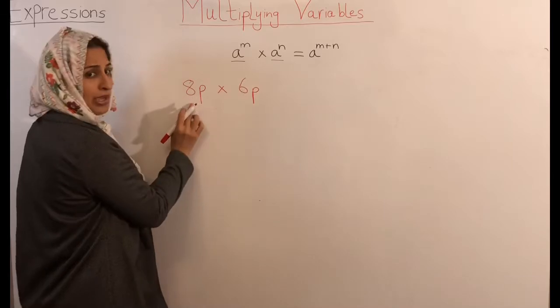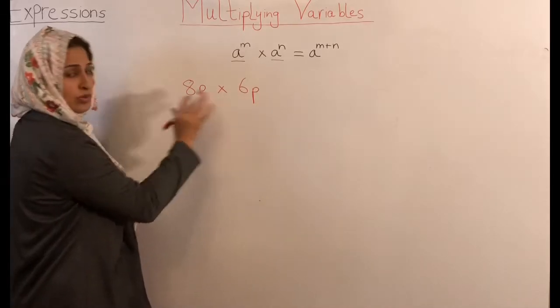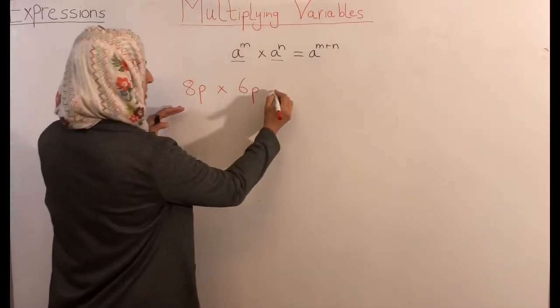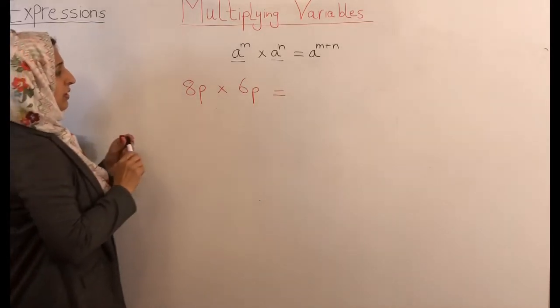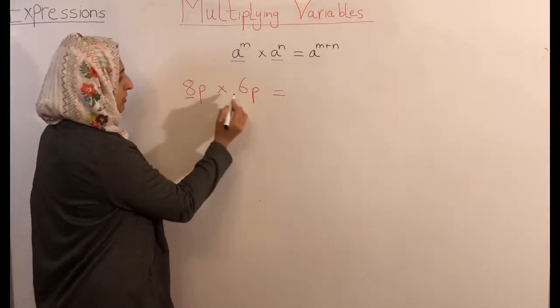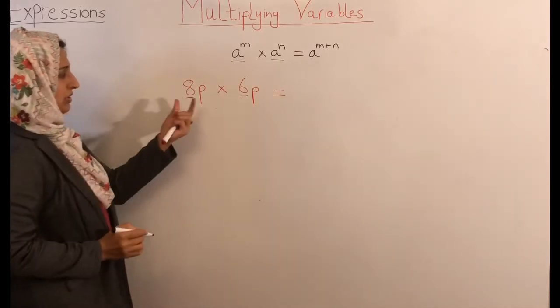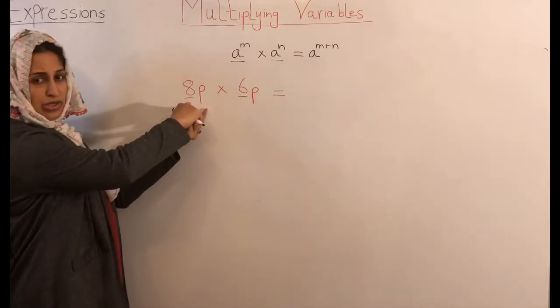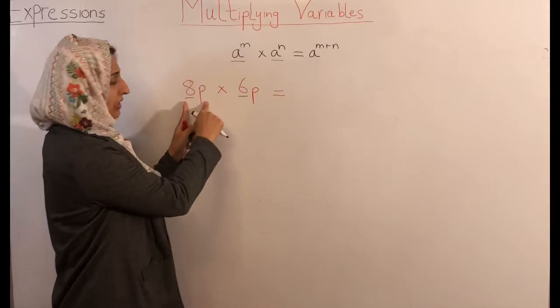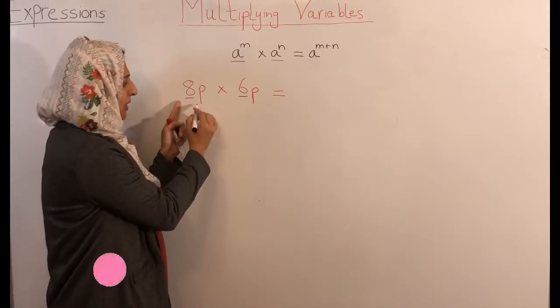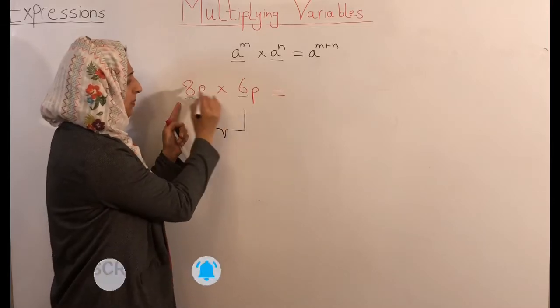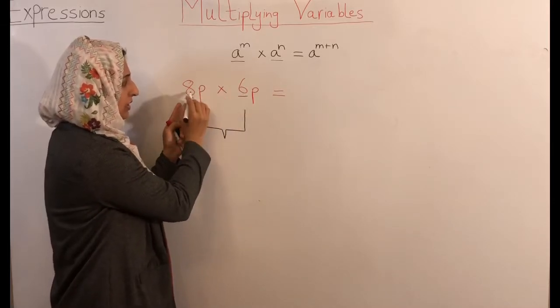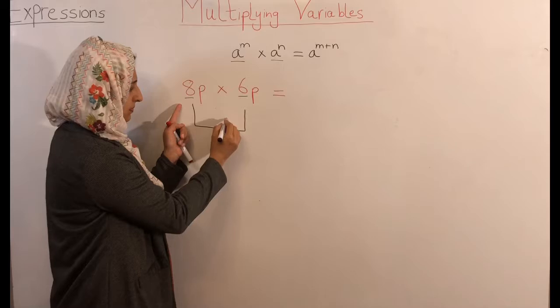We are multiplying two variables. In this question, the expressions have a constant at the first, and then there is a variable. In this method, you are going to multiply the numbers first.